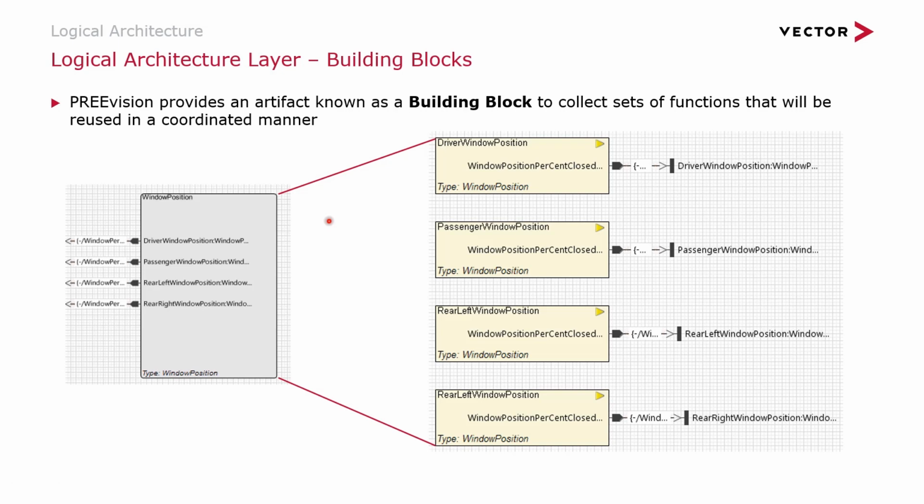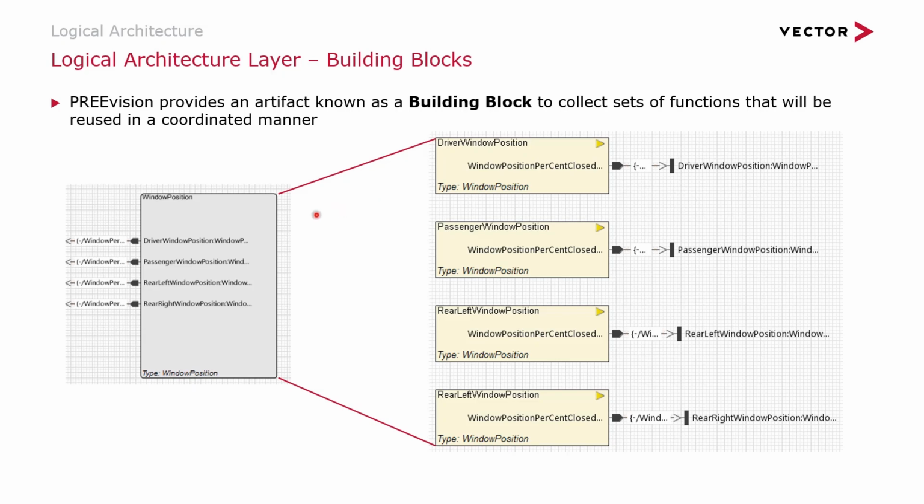PREEvision also provides an artifact known as a building block, and that is to allow you to collect sets of functions that will be reused in a coordinated manner. So, for instance, in this case, we've got 4 different window positions, and based on the fact that this is defined as a building block, these 4 functions will always be created and assigned together.